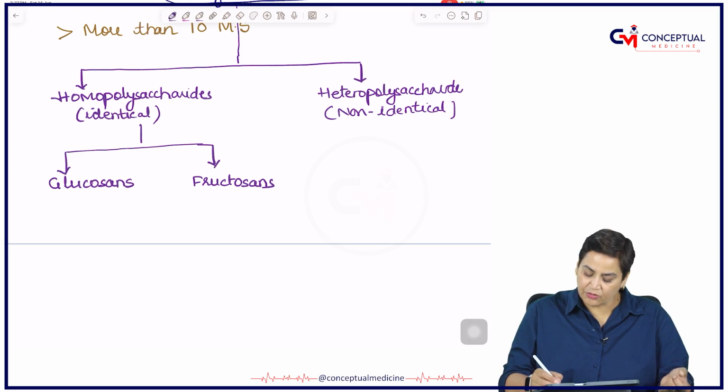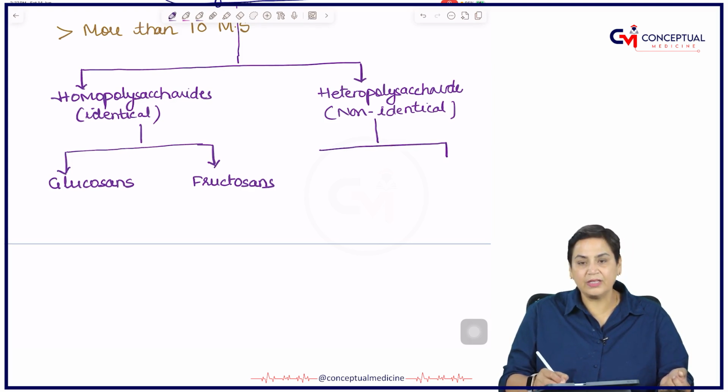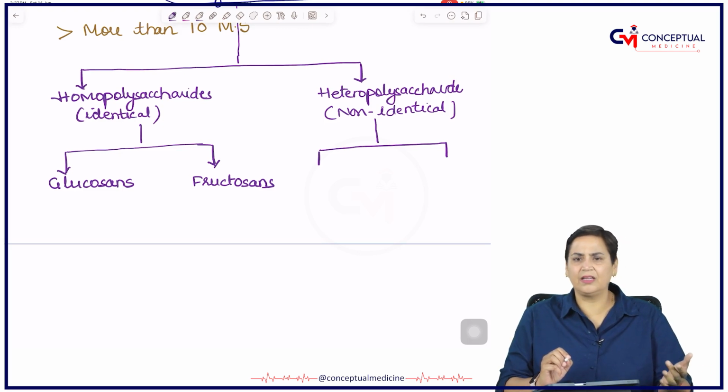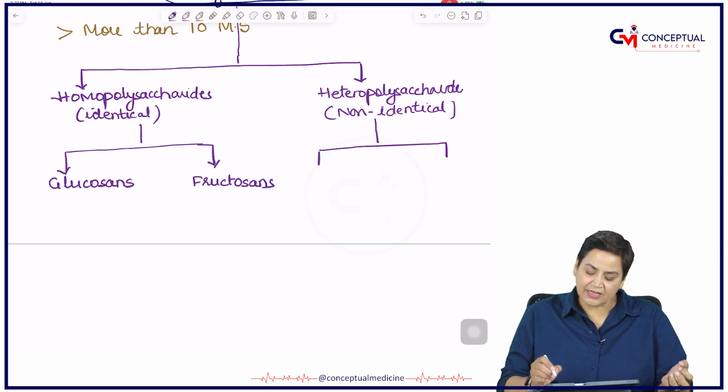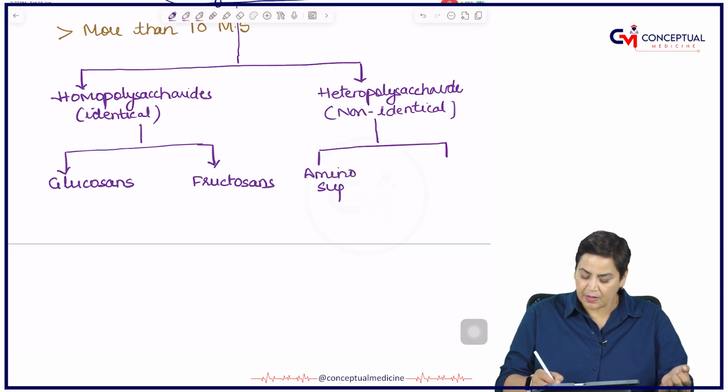And heteropolysaccharides have basically two components. Actually, it is divided into acidic, basic, and neutral, but here we don't go into that much detail. We just have to go superficially: heteropolysaccharides have two basic components, amino sugars and uronic acid.